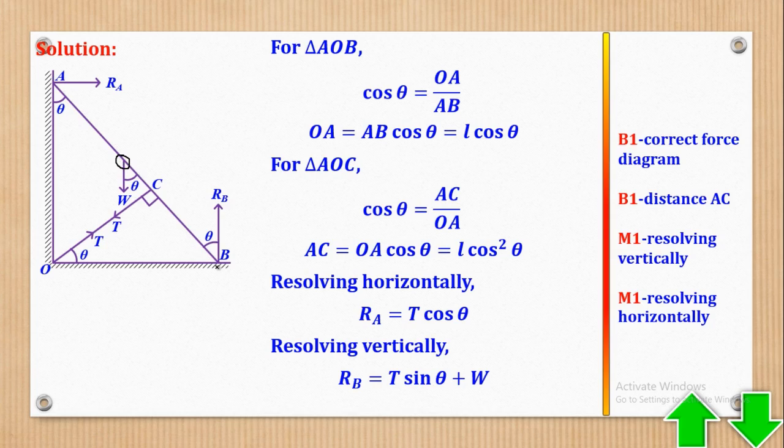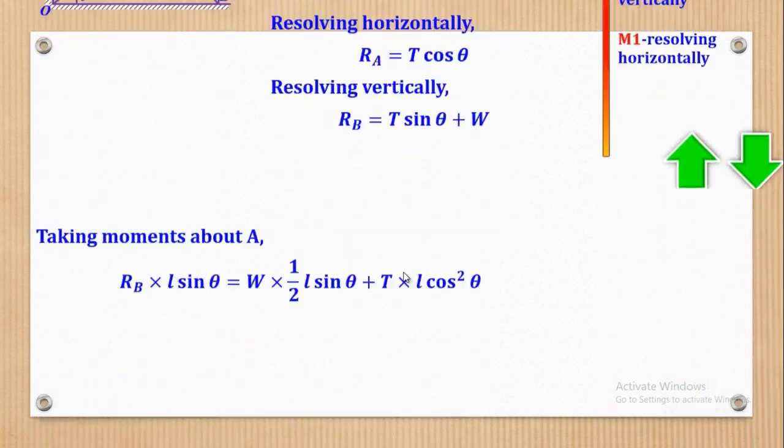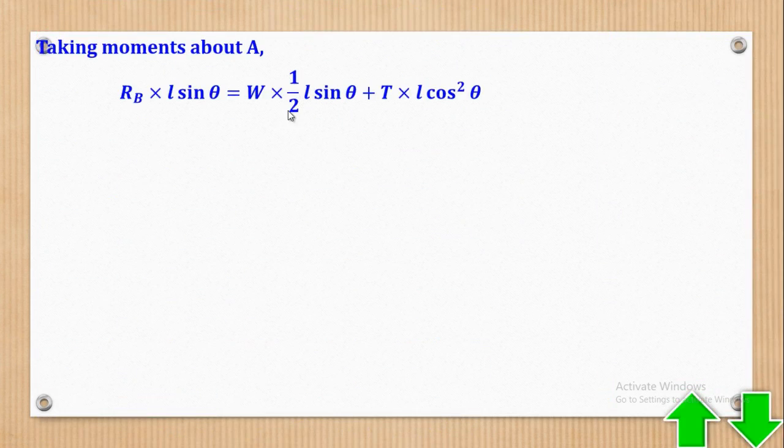If AB is L, then the distance from A to this point will be a half L. The angle between the force and the ladder is theta, meaning that the moment will be W times a half L times sine theta. So this is where these values are coming from. Now let's go to the one of T.